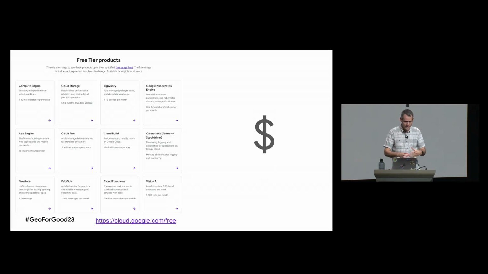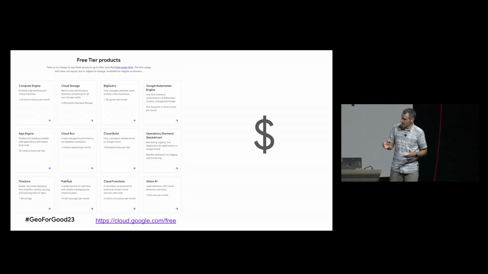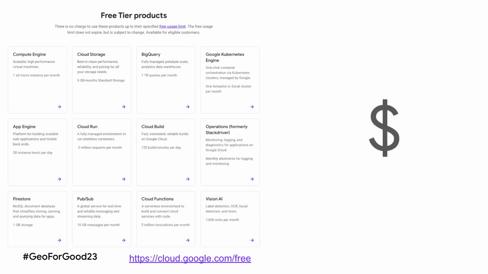We started making this transition and moving Earth Engine into Google Cloud, and it is now a Google Cloud product. The thing about Google Cloud is we offer lots of different services and different products in Google Cloud. Now, the one thing I'm going to highlight here, right? Many of the services in Google Cloud are paid for services.